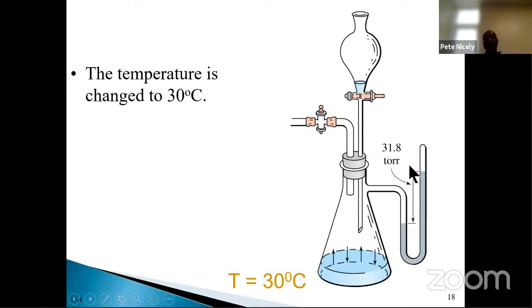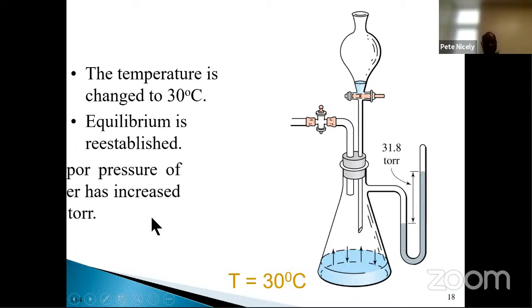And therefore that would result in a greater difference between the two mercury levels on both sides of the U-shaped tube. So as you can see here, that height difference has increased to 31 millimeters mercury, which is the same thing as 31.8 torr, all right?